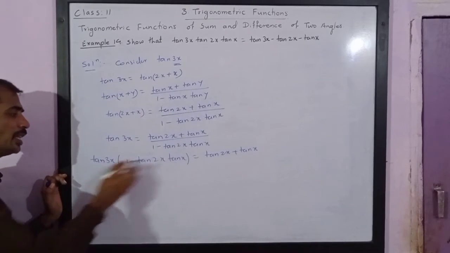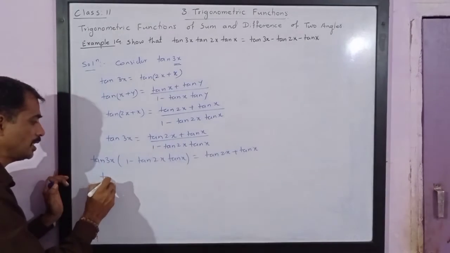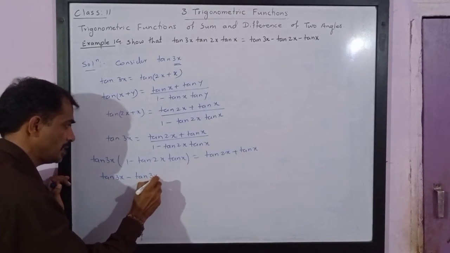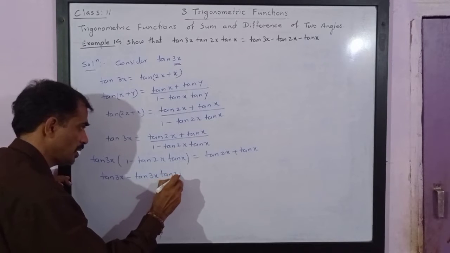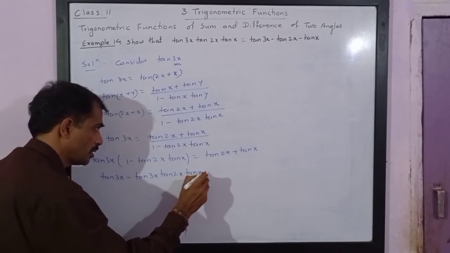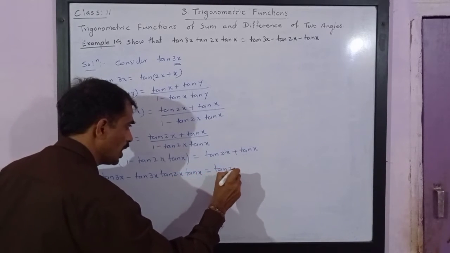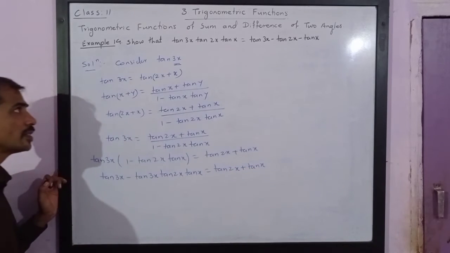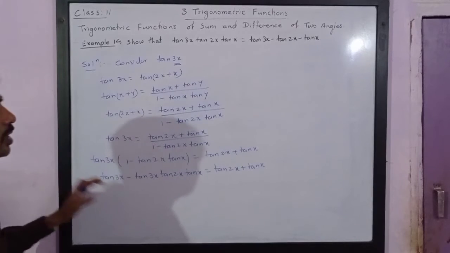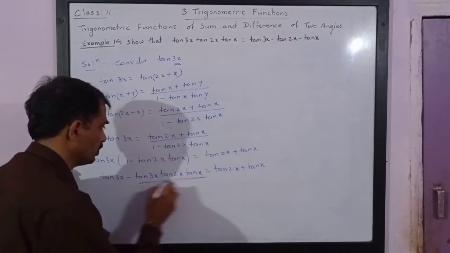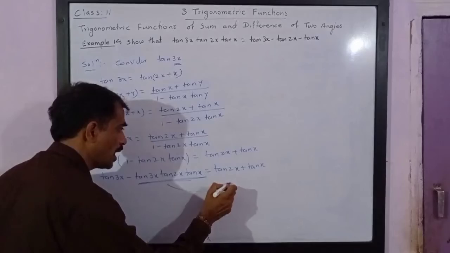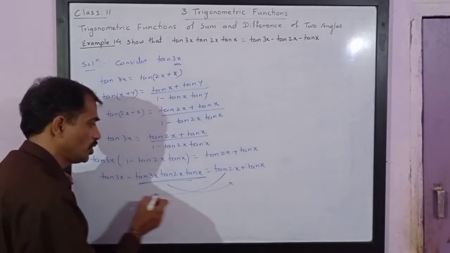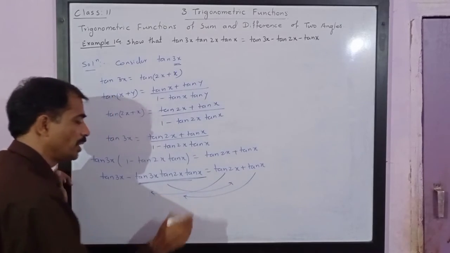Now if you multiply this inside the bracket, we will get tan 3x minus tan 3x into tan 2x into tan x is equal to tan 2x plus tan x. Now please note, this term is negative. If you shift it to the right hand side, negative will become positive. These are positive terms. If you shift to the left hand side, positive will become negative.